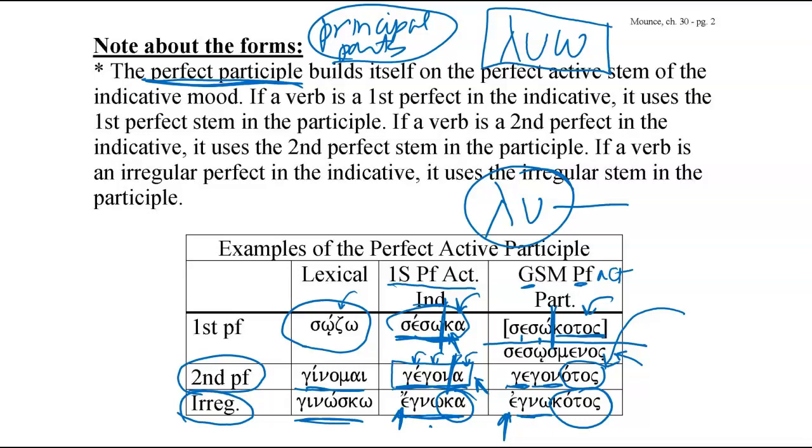But if it's an irregular verb, if it's a verb that is generally regular but might have one change for one of its tenses, it just does something weird for a particular tense. If it's an irregular verb with more than one verbal root, you're going to have to go to the principal part, go to the tense that you're trying to form, and then instead of the indicative endings, if you're trying to form the participle, use the participle endings, and that's how you would get the perfect participle.